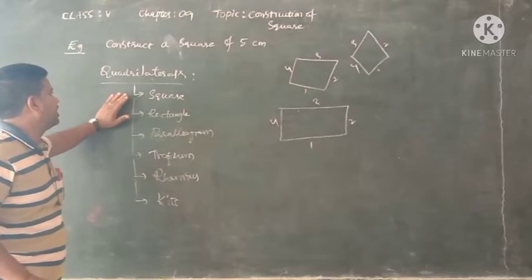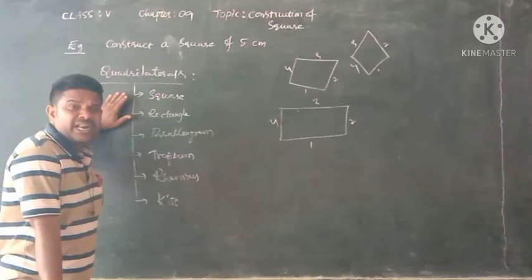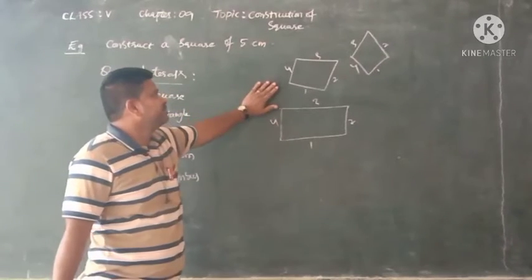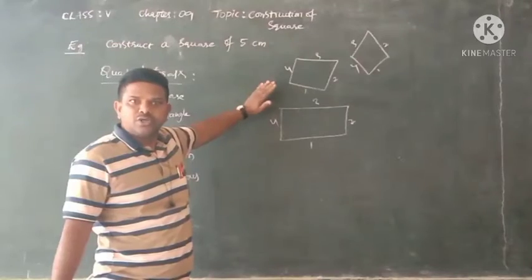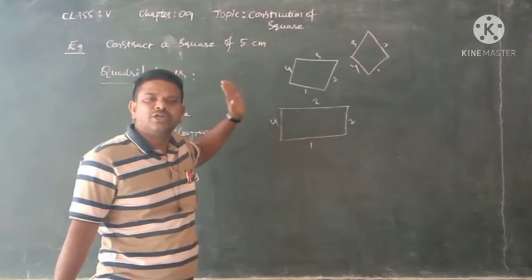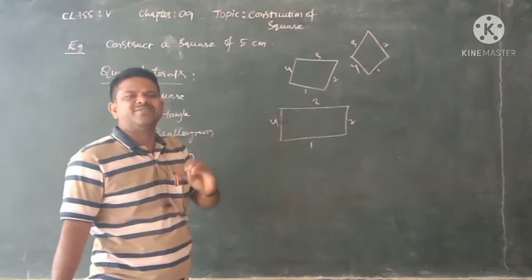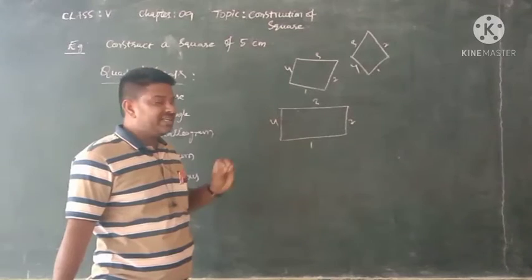So when anyone asks you about the quadrilateral, we should say that the closed figure which is formed by 4 line segments is called a quadrilateral.